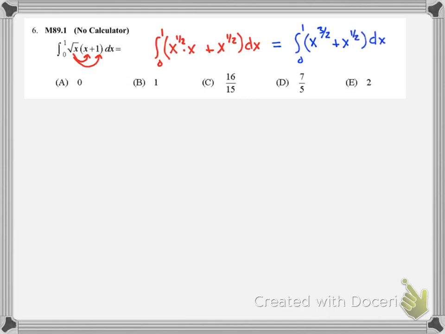So now I'm going to use my power rule for integration, which says we're going to add 1 to each power and then divide by that new power. So we'll have x to the 5/2 divided by 5/2 plus x to the 3/2 divided by 3/2. And it'll be easier to evaluate if we multiply by the reciprocal instead.